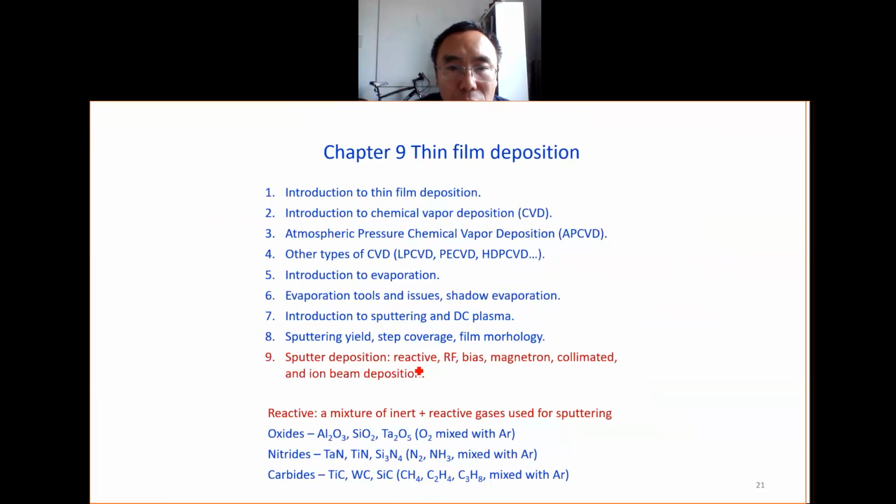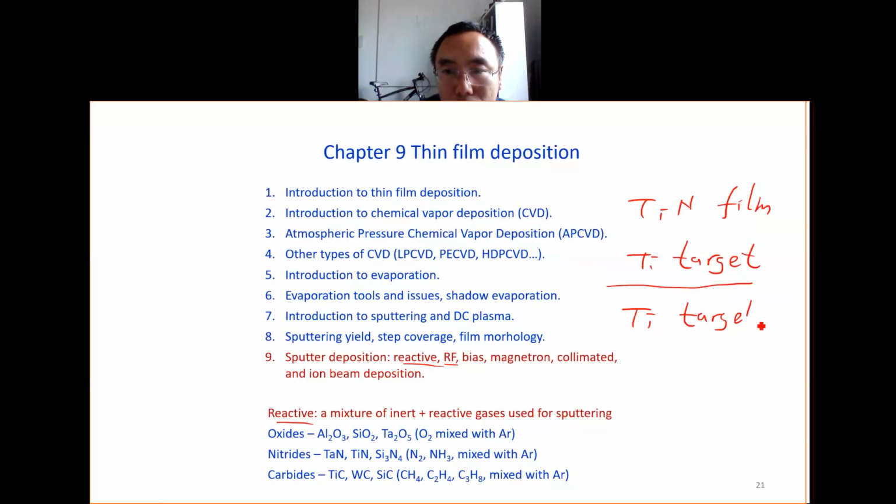Now we look at other issues: reactive sputtering and RF sputtering. First we look at reactive sputtering. For example, if we want to deposit a titanium nitride film, we can use a titanium nitride target to deposit titanium nitride film.